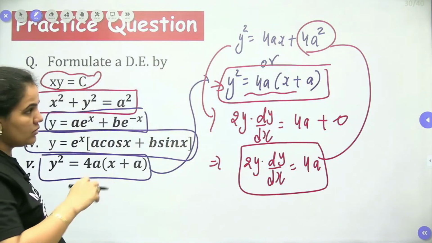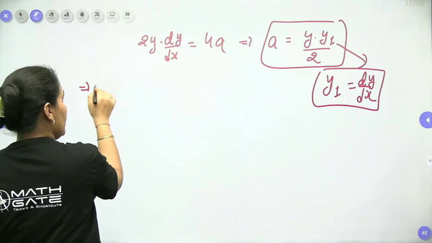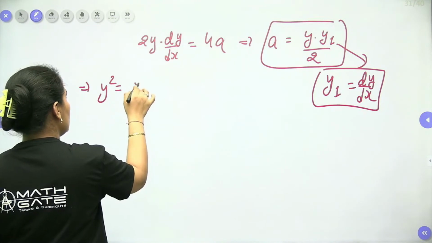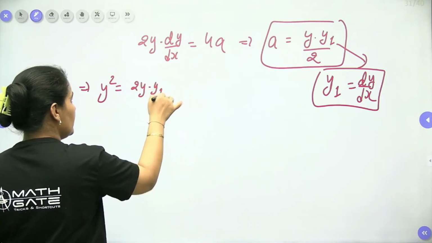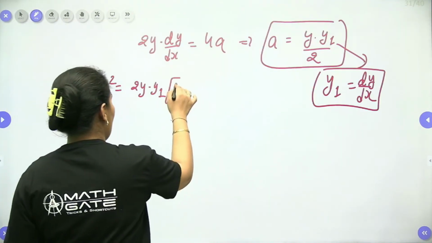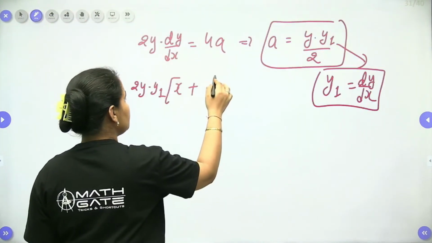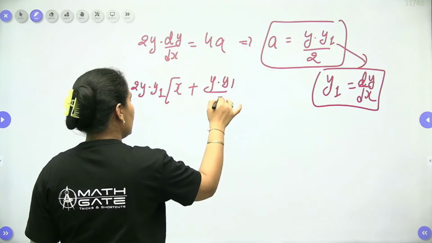So when we put the values, dear student, it will be y square is equals to 4a. At the place of 4a you can put 2y into y1, into x, plus a is nothing but y into y1 by 2 only.